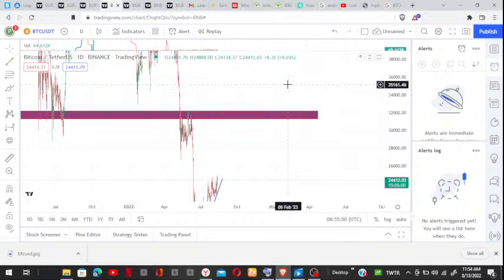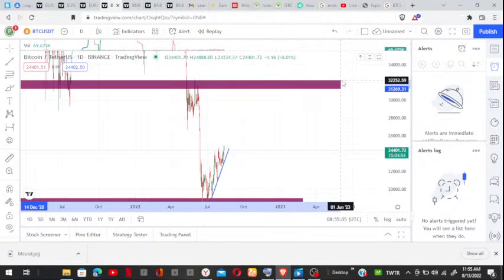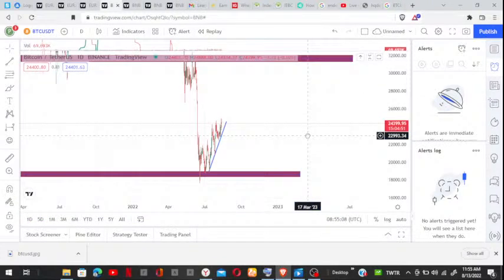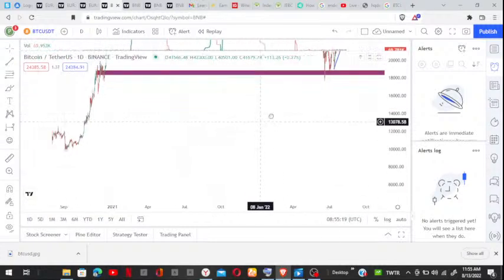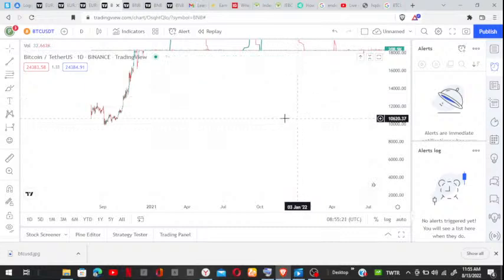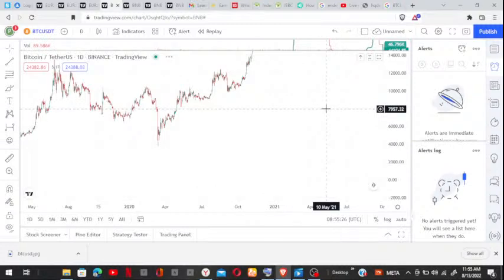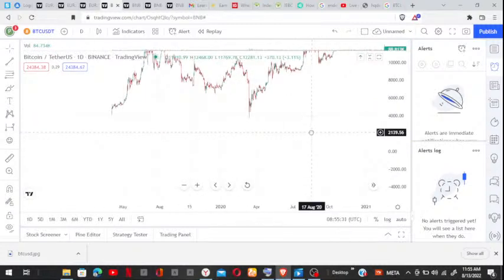So this can be our support right now, and this level at the bottom is our resistance at the moment. So this is a long-term overview of what we have right now in mind. Remember, the lowest point that Bitcoin has ever been is this level, it's lower than this, but for now we're not looking at this unless the market decides otherwise.